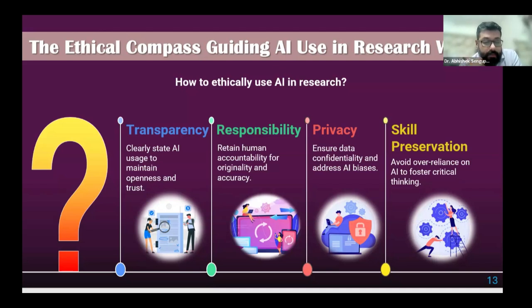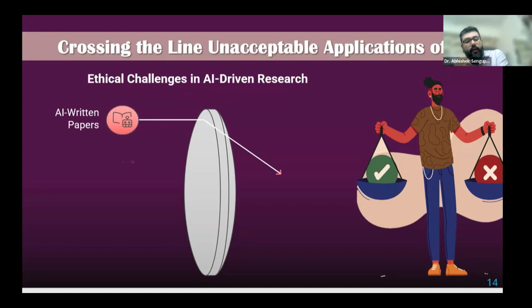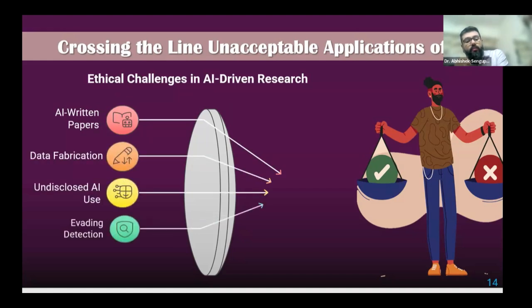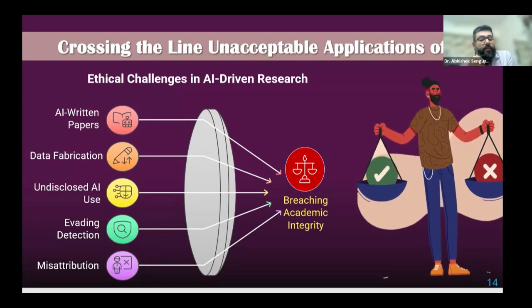These are the few ethical compasses by which we judge the ethical aspect of AI in research writing, right? Now, how can we judge that we have crossed the line, which are the unacceptable applications of AI? Whatever I'm showing here is breaching academic integrity.